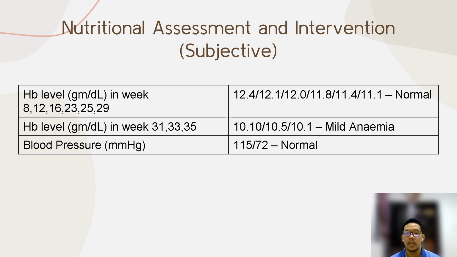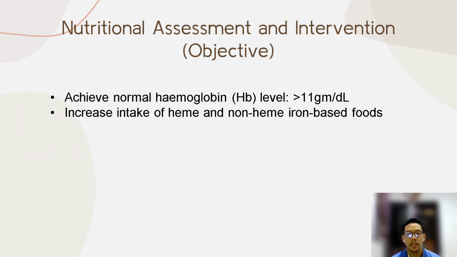As for the hemoglobin level in weeks 31, 33 and 35, they were 10.10, 10.5 and 10.1 respectively, which are in the mild anemia category. As for the blood pressure, it is 115 over 72, which is normal.